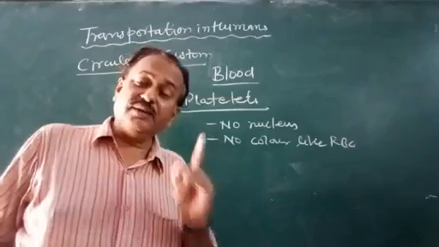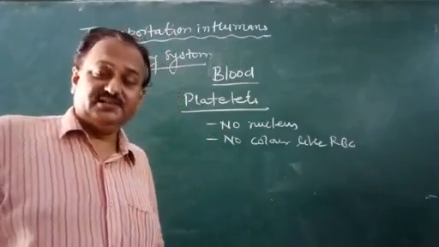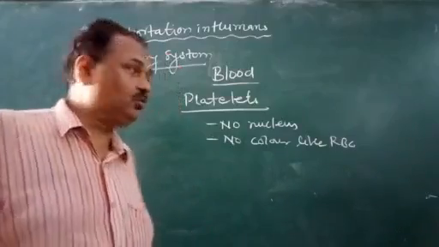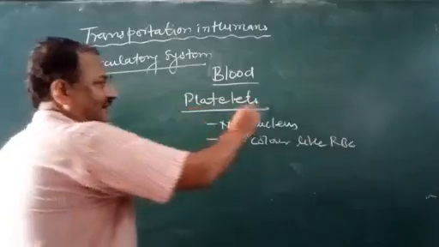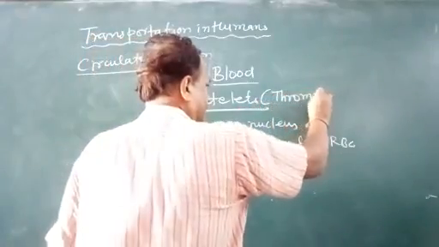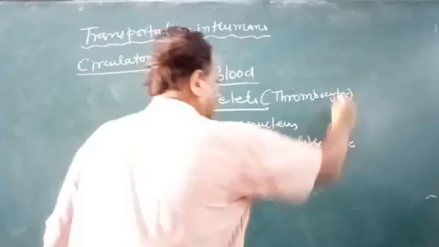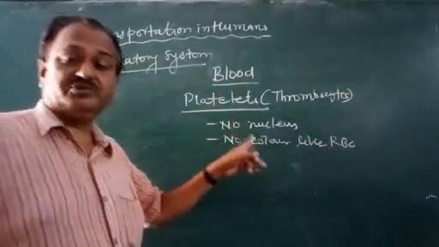WBCs are also called leukocytes, and platelets are called thrombocytes.